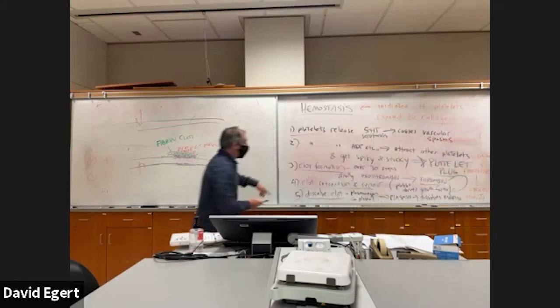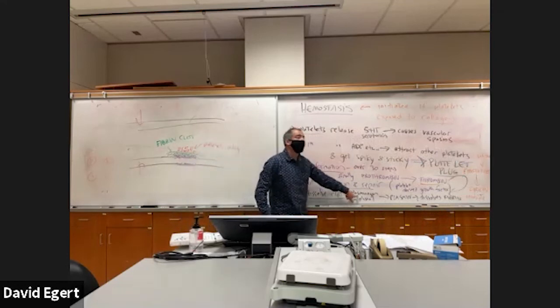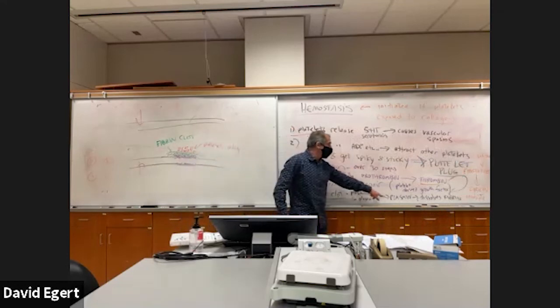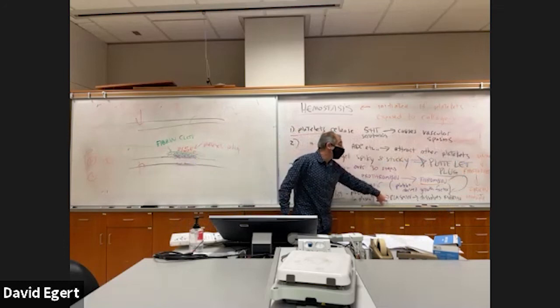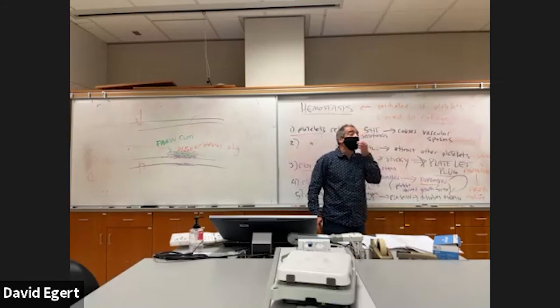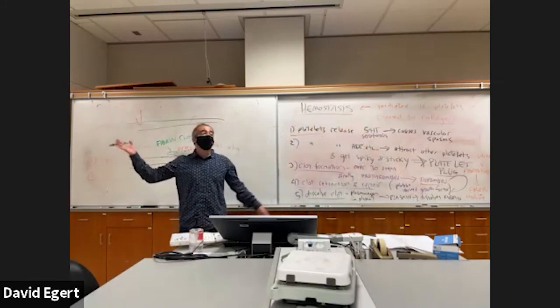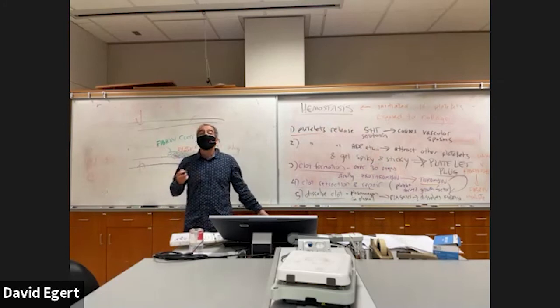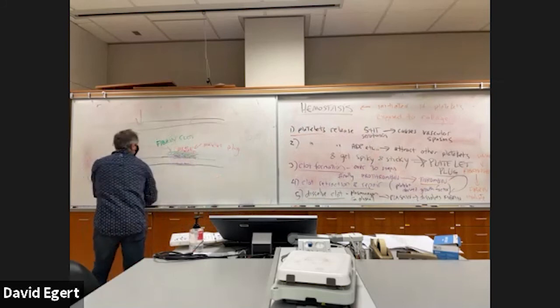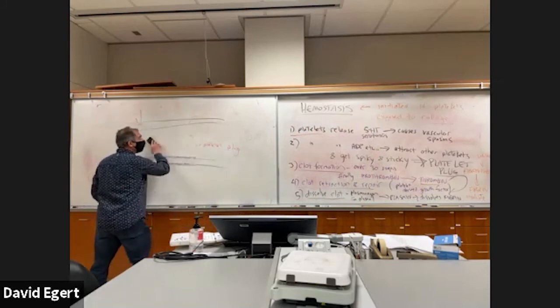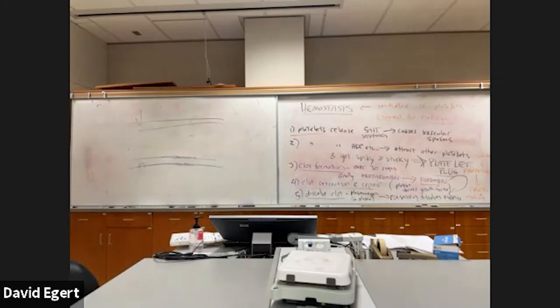Plasminogen, which is already there, at this last stage gets converted into plasmin. Plasmin is an enzyme that dissolves fibrin. The fancy word is fibrinolysis, because you're lysing fibrin. So then the fibrin clot is gone, and now we're back to where we started.